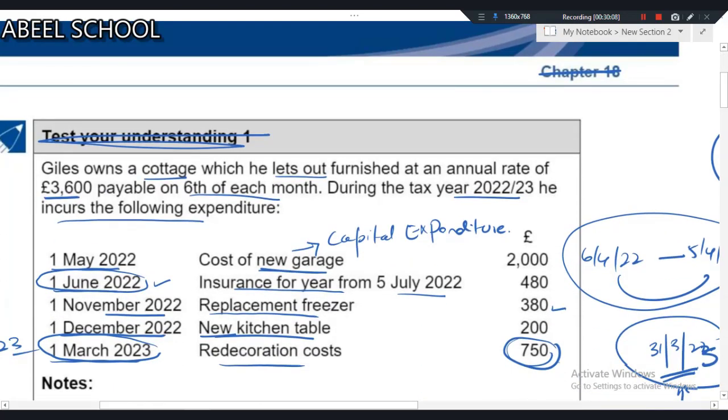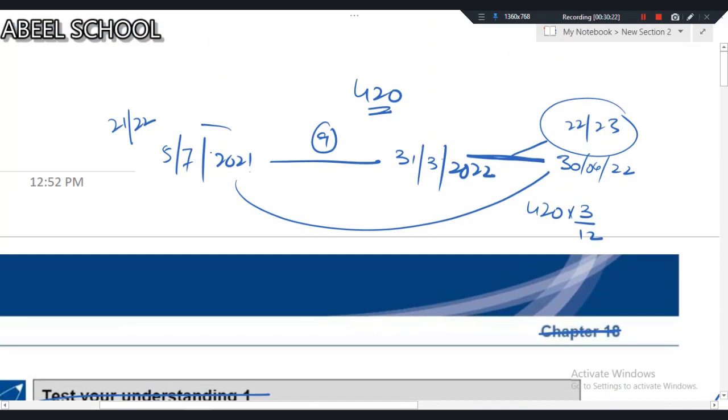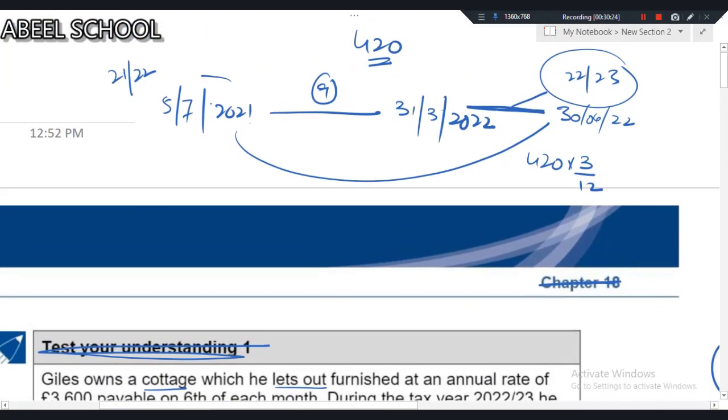Then in the current year, on 1st June 2022, insurance was paid, which again starts from 5th July 2022, and how much? 480. So this 480 is for 12 months. Look at this.